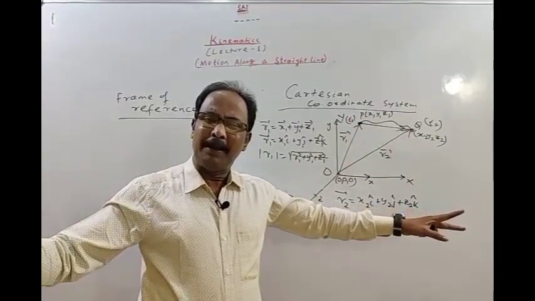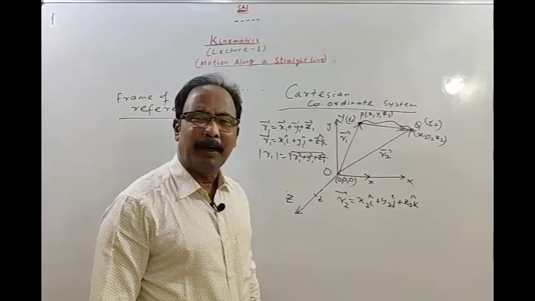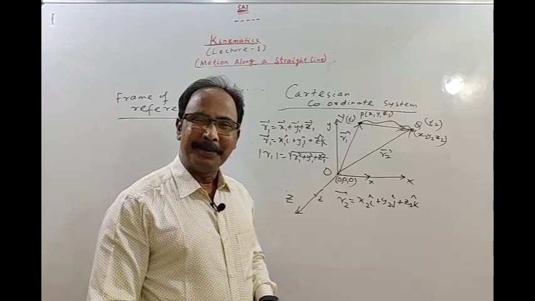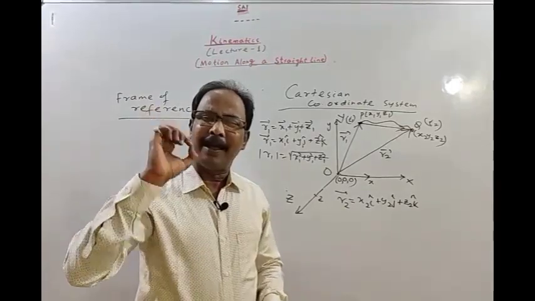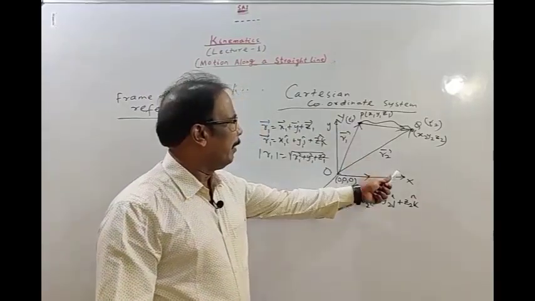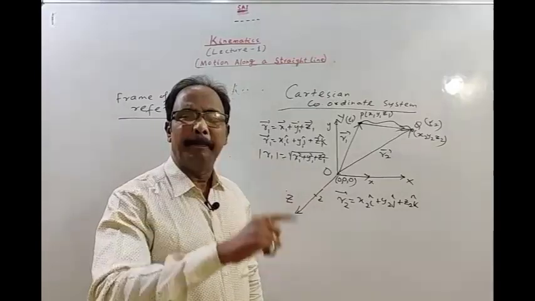Thus, an event can be described completely by four coordinates. An event is characterized by a four coordinate system: three, x, y, z, for position and one for time.